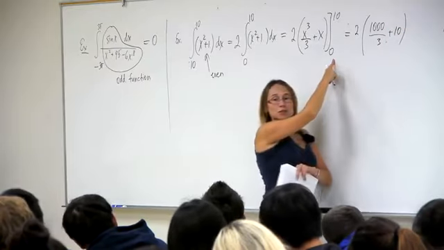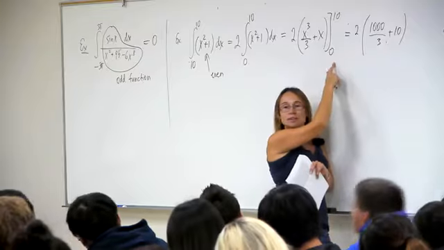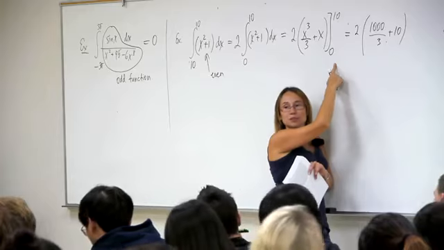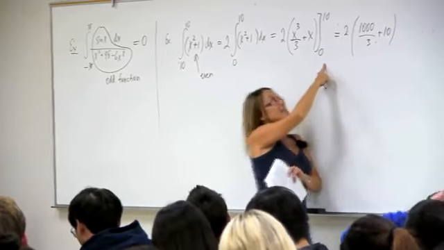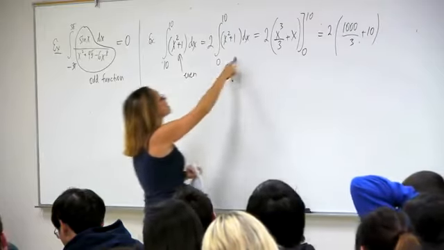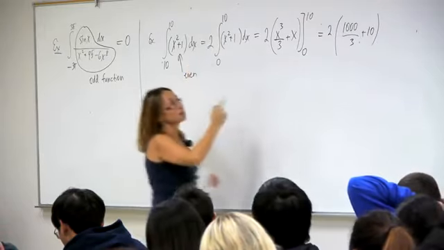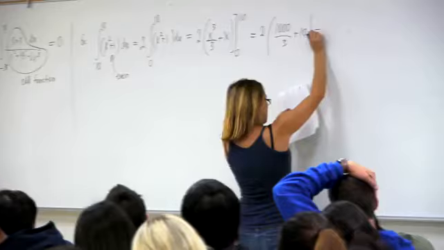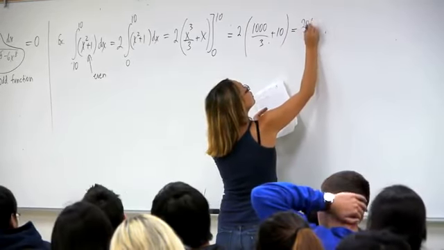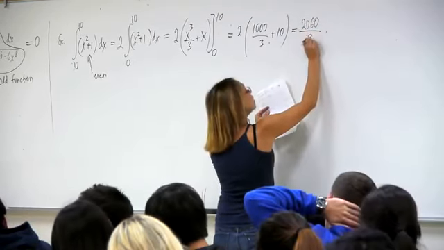See, the term at the lower limit disappears. So in this sense, this is nicer than the original integral. So the answer is here 260/3.